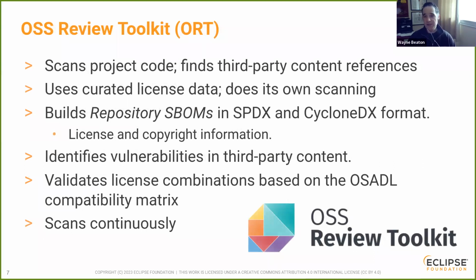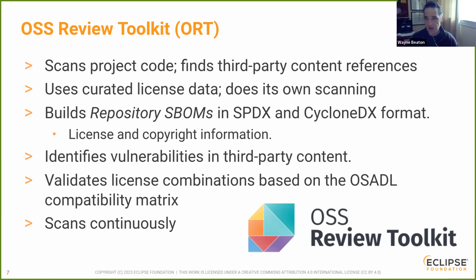We have been investigating something called the OSS Review Toolkit, or ORT. Again, our primary focus with this has been to help us with intellectual property scans, basically implement our IP due diligence process using as much automation as possible.